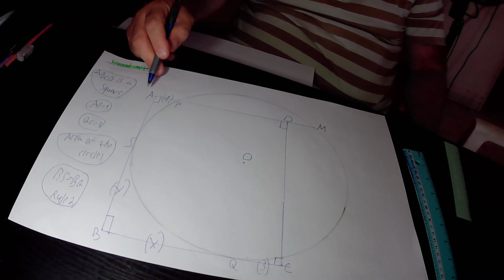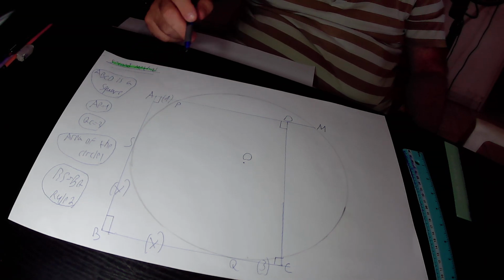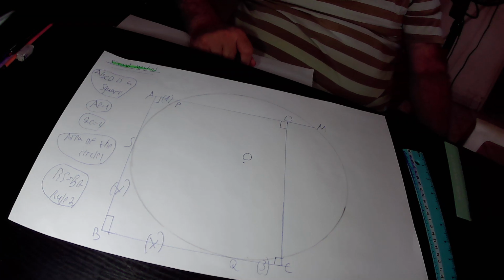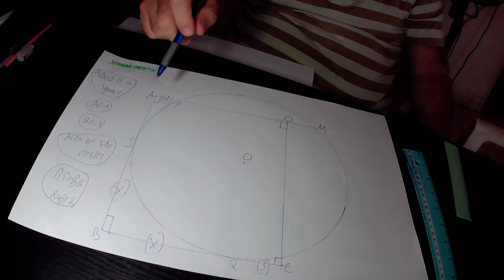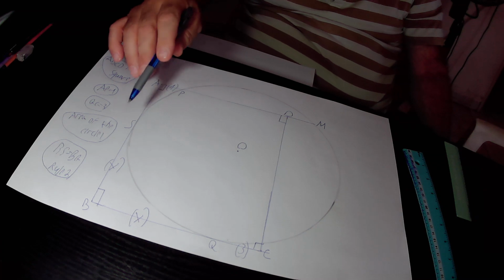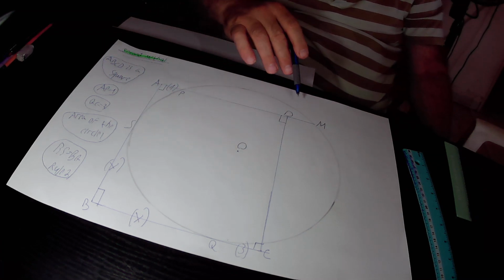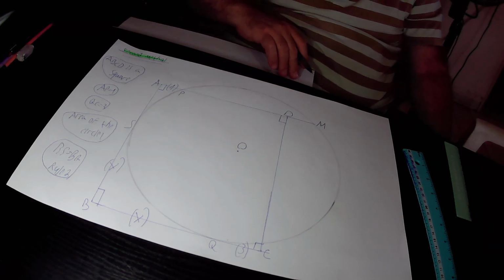So actually we have to find out the length of tangent AS. What is the length of tangent AS? We know that all the sides of square ABCD are equal to each other. That is, side AB equals side BC equals side CD equals side DA.